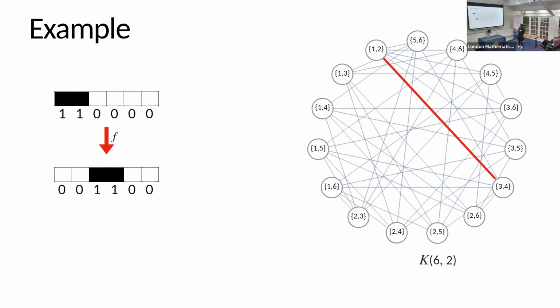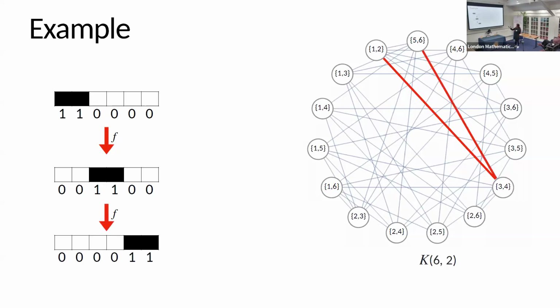So let's apply function f. When we apply it, we'll see the new vertex. The one will move 2 positions right, and I have highlighted the corresponding edge in the graph. So the second vertex is {3, 4}. There is an edge between {1, 2} and {3, 4}, and that edge is in red in the picture.